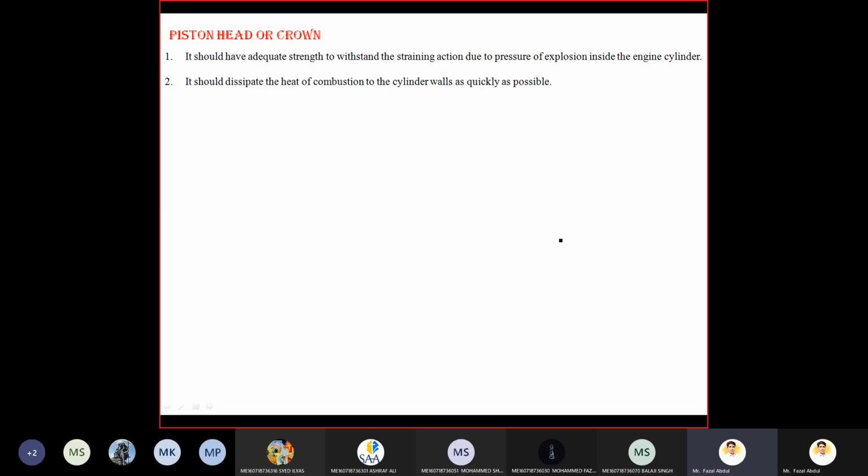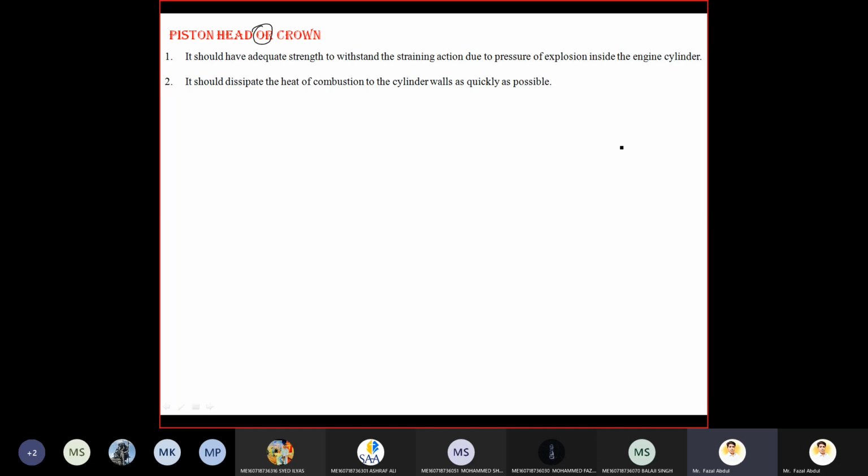Now, one by one, we are designing the parameters here. First one is the piston head. This piston head is going to be designed on the basis of two criteria. First, it should have adequate strength to withstand the straining action due to the pressure of the explosion inside the gas cylinder.